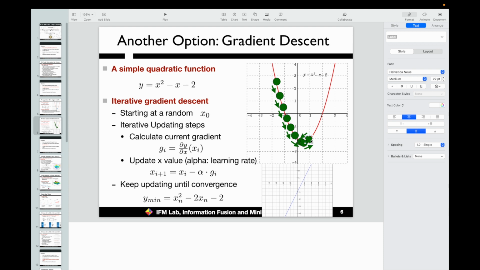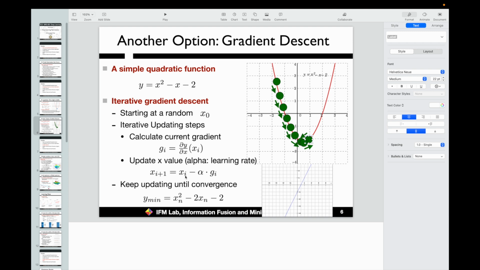According to the curve shape, we know we moved slightly overhead actually, and we have to move back. The way we move back is according to this equation as well, because at this new point, we know its current gradient will be a positive number, right? According to this equation, we have to subtract alpha times the current gradient, because the gradient at this point is positive.